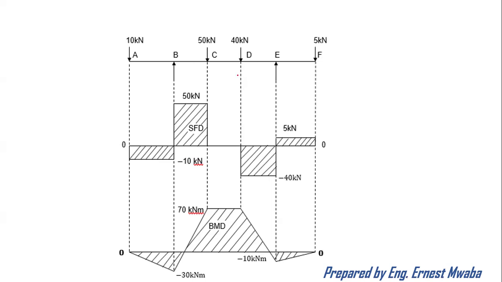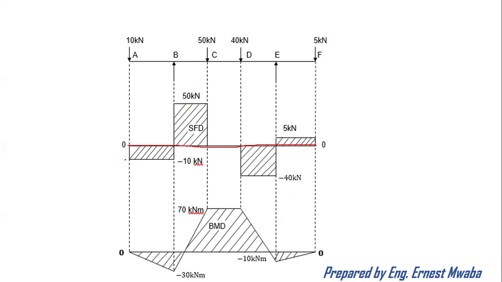So after you've copied that, then you start with this straight line. Where do you put this horizontal line representing the axis of a beam? You make sure the biggest distance is accommodated there. The biggest positive is 50, the biggest negative is negative 40. So you have enough space up there. And then you start.